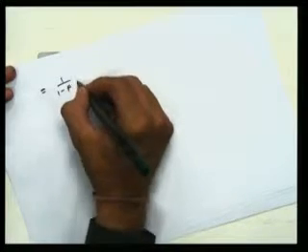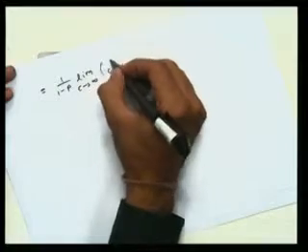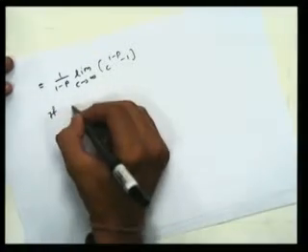Here equation 1 is 1 upon 1 minus p, limit c tends to infinity, c raised to 1 minus p minus 1. Now we consider the case p less than 1.